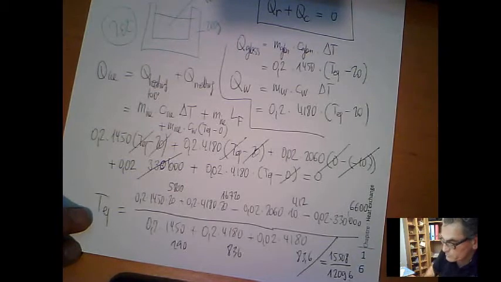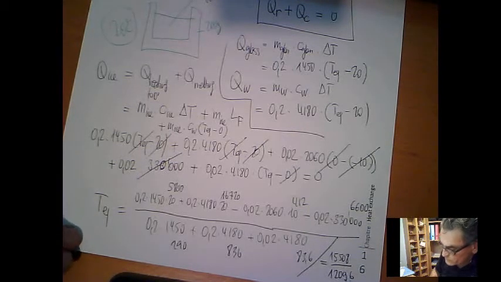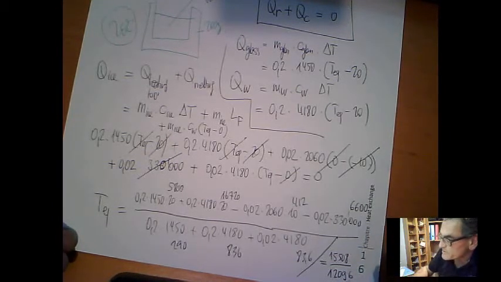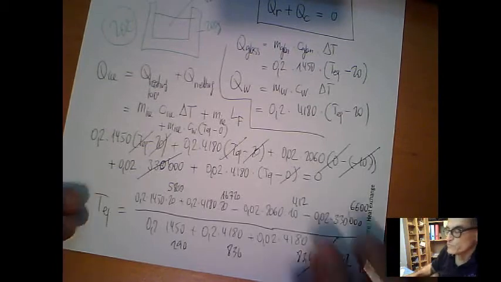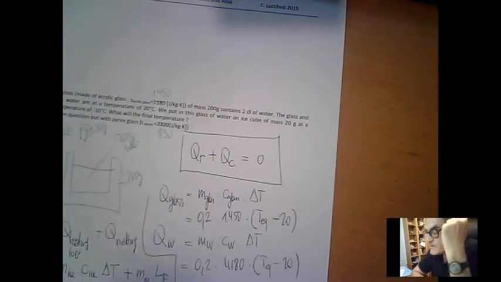It's going to be wrong, I guess. No, it's not going to be wrong. 15,508 divided by 1,209.6. This gives me 12.82 degrees.